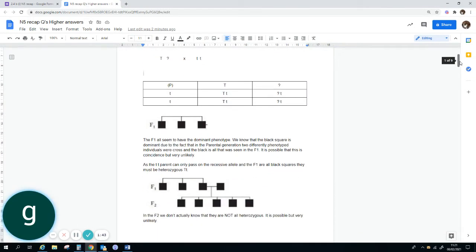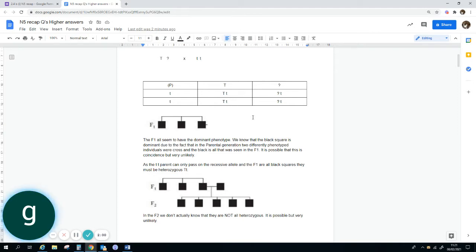For the F1, is it possible that these are heterozygotes? So all of the F1 seem to have the dominant phenotype. We know that the black square is dominant due to the fact that in the parental generation, two differently phenotyped individuals were crossed, and black is all that we see in the F1.